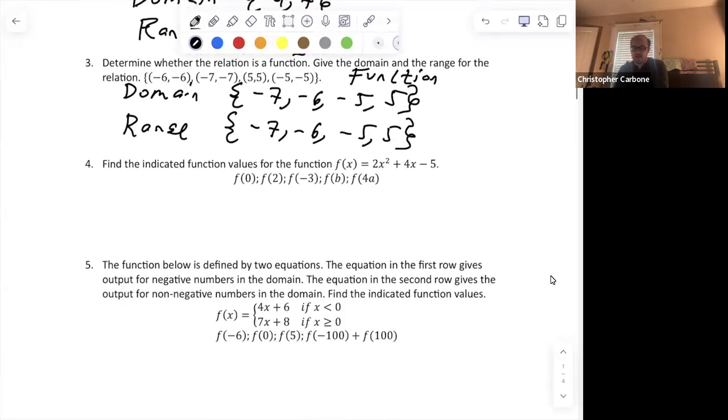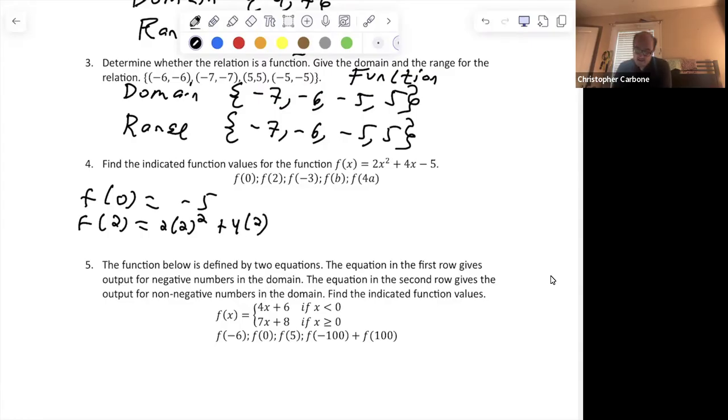Number 4 wants us to find these different values based upon this function I have here: 2x squared plus 4x minus 5. So f of 0 will just be -5. But f of 2, so 2 times 2 squared, so that'd be 4 times 2, so 8, plus 4 times 2, which is another 8, so that's 16, minus 5, that's 11.